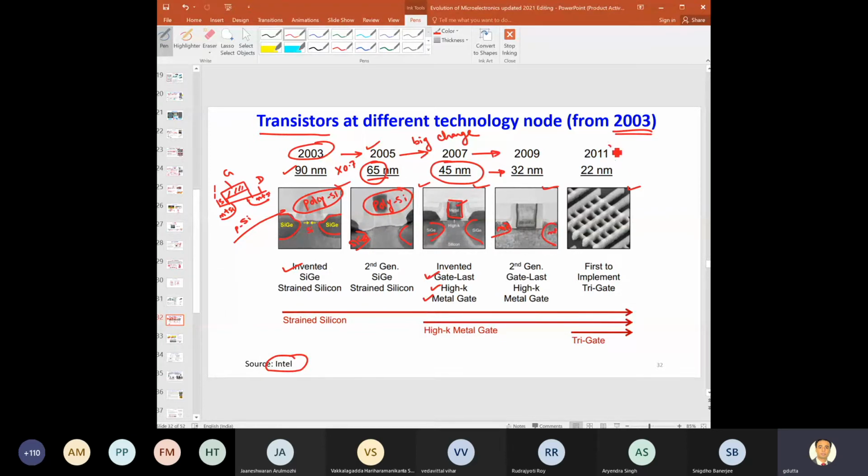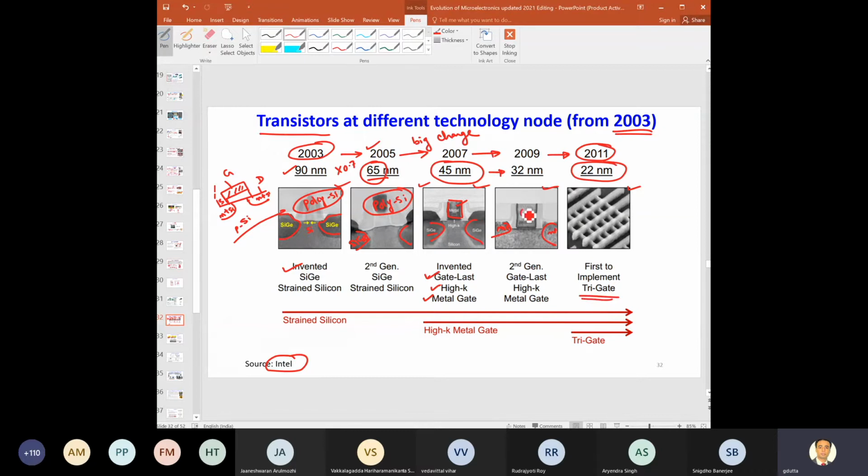But in 2011, again there was a big change. Hereafter, from 2011, which was the 22 nanometer node, the devices were no longer planar or 2D. They are 3D devices, called tri-gate devices.